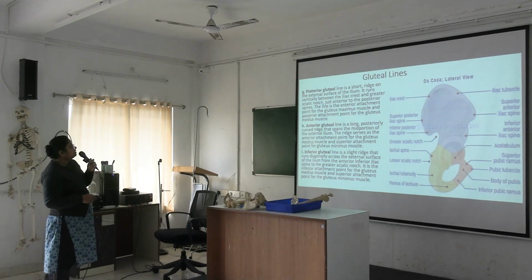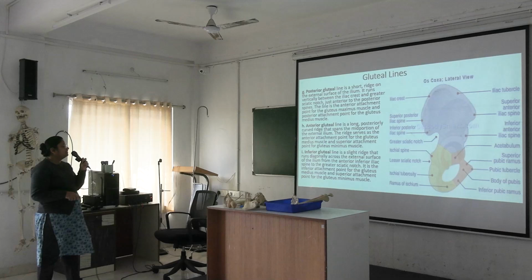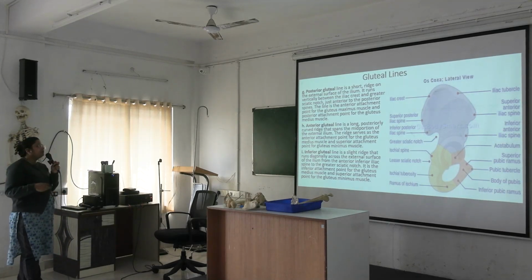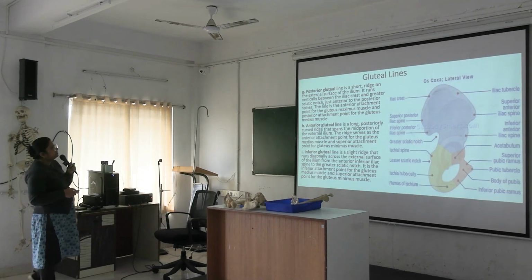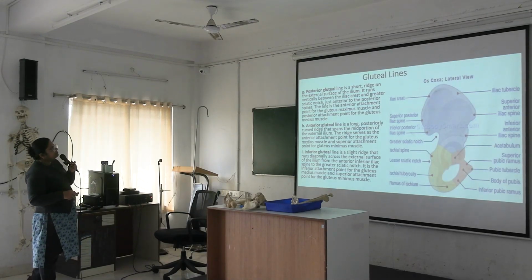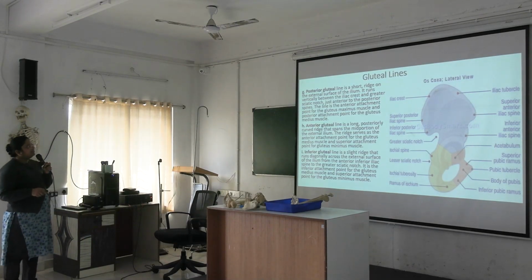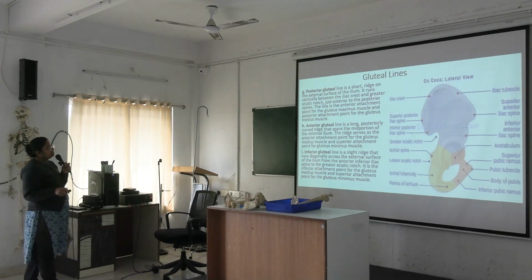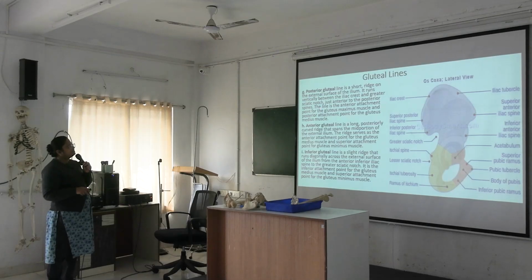So we'll discuss the lines and attachments of different muscles. The posterior gluteal line is a short ridge on the external surface of the ilium that runs vertically between the iliac crest and the greater sciatic notch. This is the posterior gluteal line, just anterior to the posterior spines.